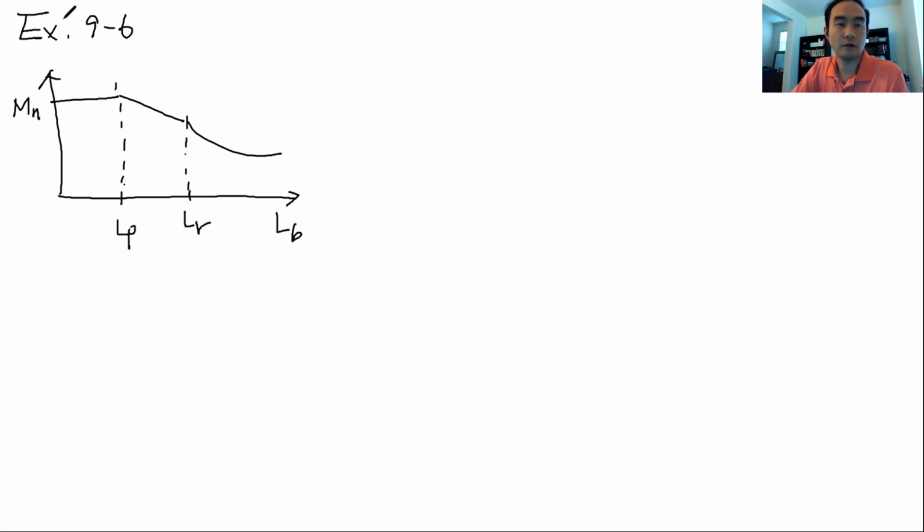If this unsupported length is either 0 or less than L sub p, then we can maximize our capacity. So the corresponding capacity in this region, Mn, will be equal to Mp, which is Fy times Z, right?